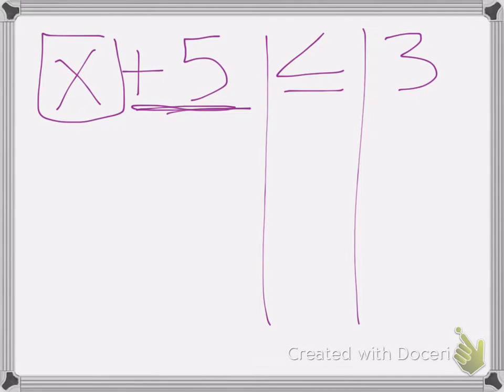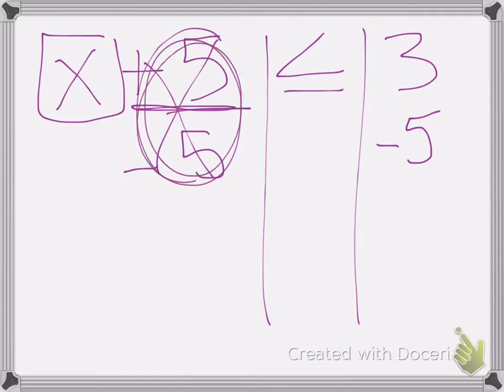If I have 5 and I need to get rid of 5, that's right, I need to subtract 5. If I do it to one side, I have to do it to the other. Okay? These cancel to be 0. Any number plus 0 is just that number, so we put x, which is that unknown number. We keep our inequality the same.